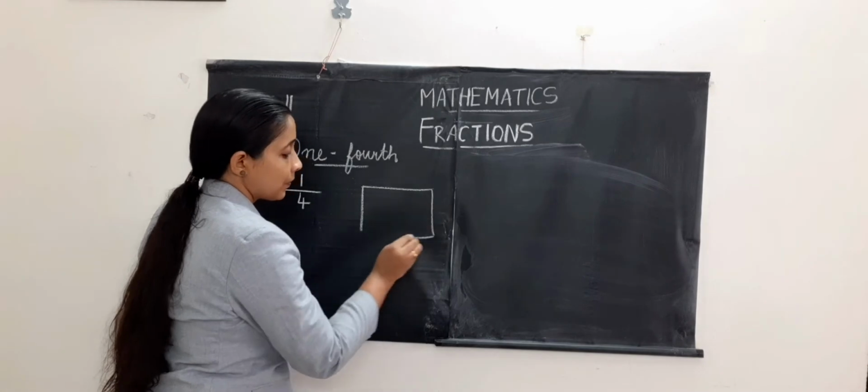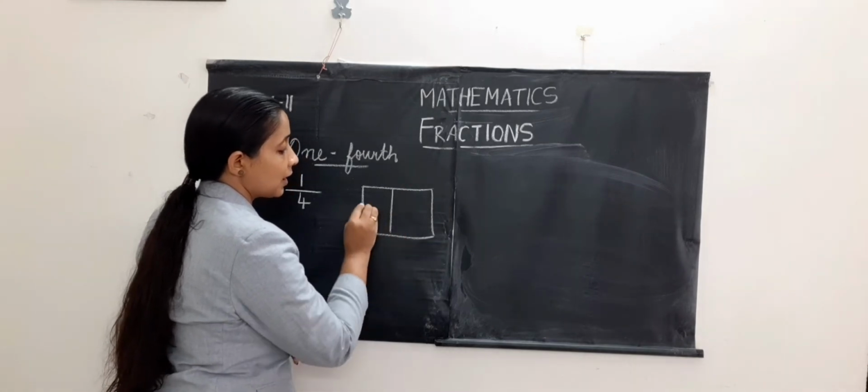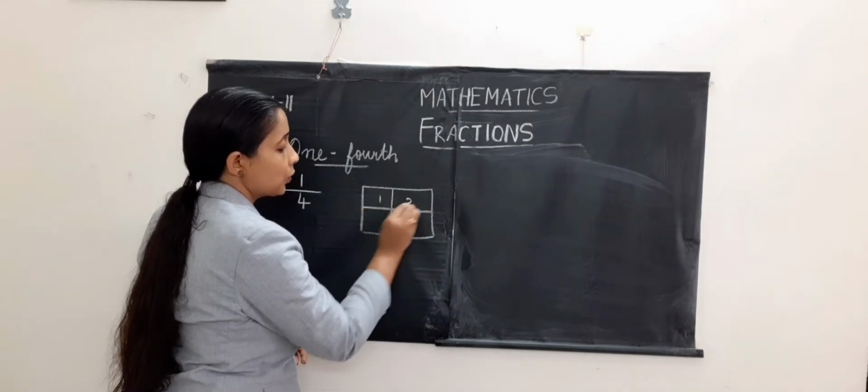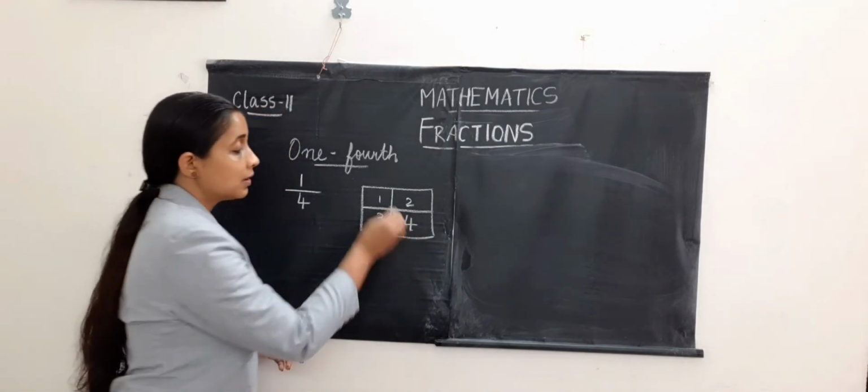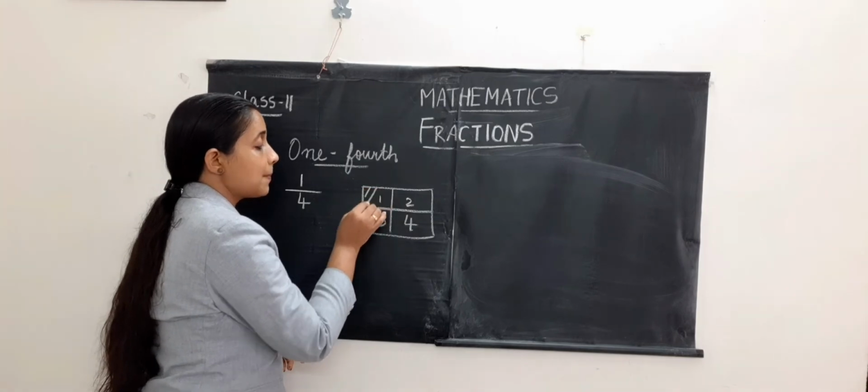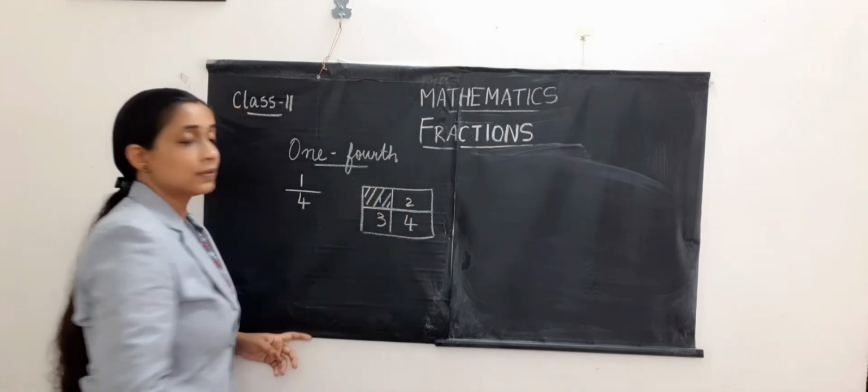You are dividing it into 4 parts: 1, 2, 3, 4. So what is 1/4? You have to shade 1 part out of 4.